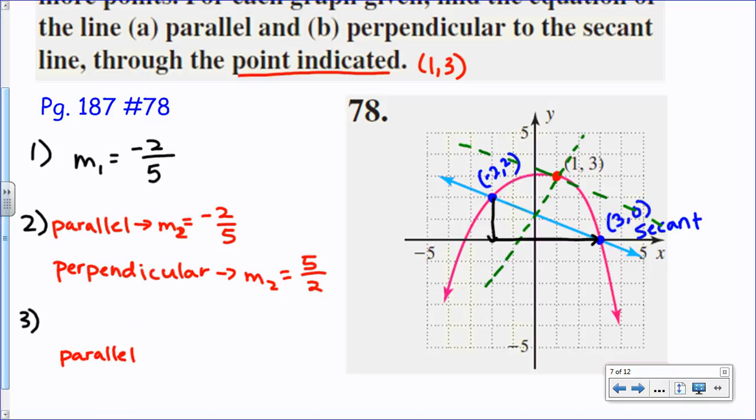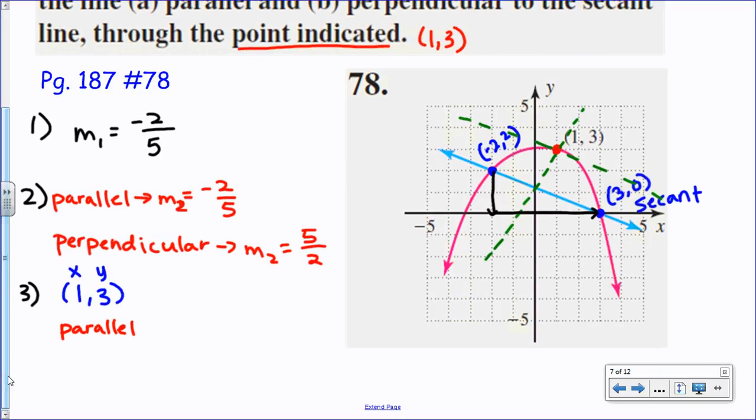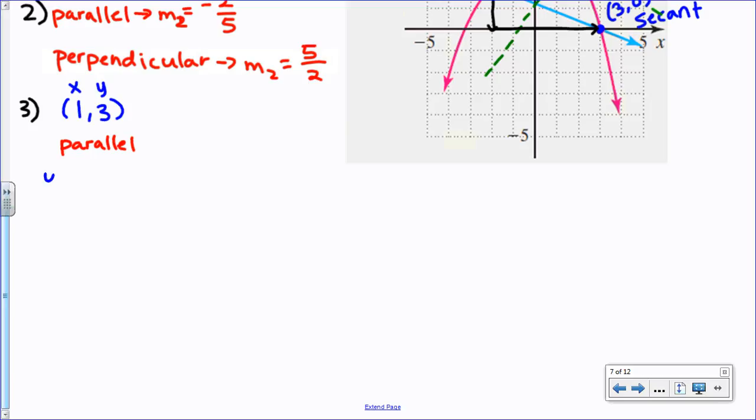My given point is 1, 3. So that's my given x, y. And y equals mx plus b. So 3 equals the parallel slope that I want to use, -2/5, times 1, and solve for b.